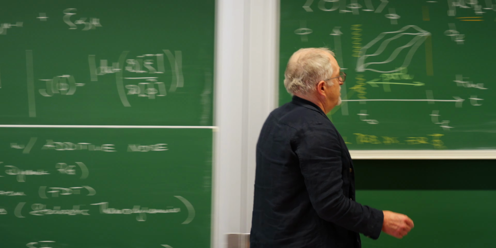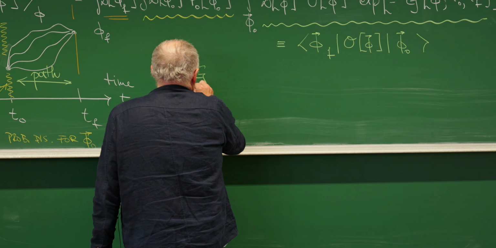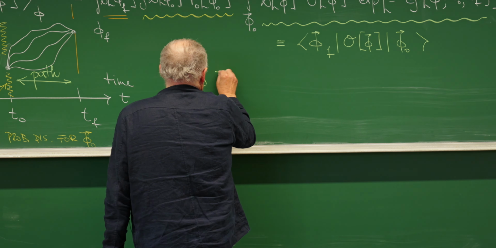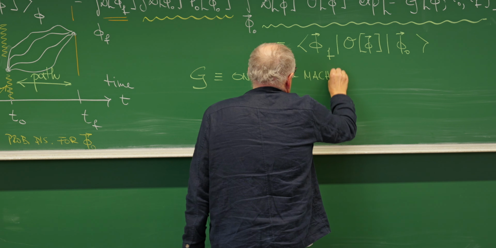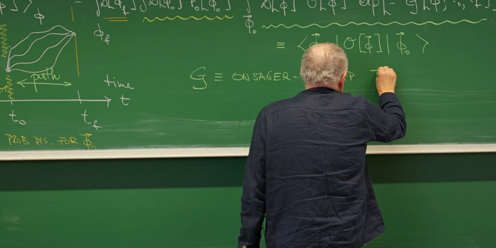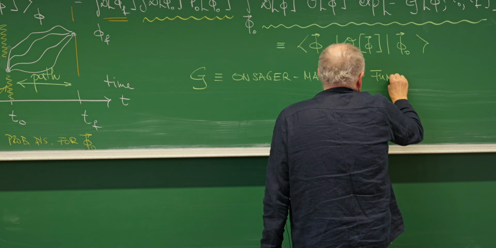Okay, so this G has a name. It is called the Onsager-Machlup functional.